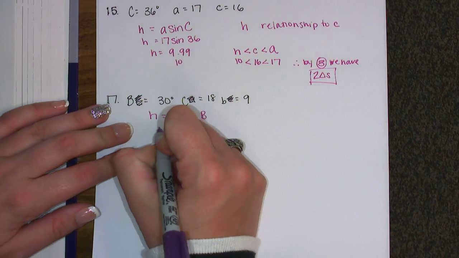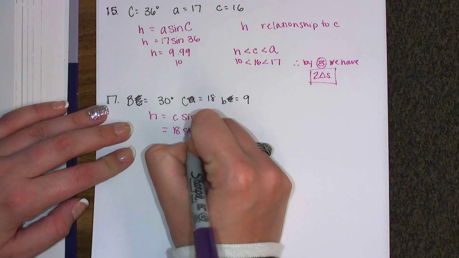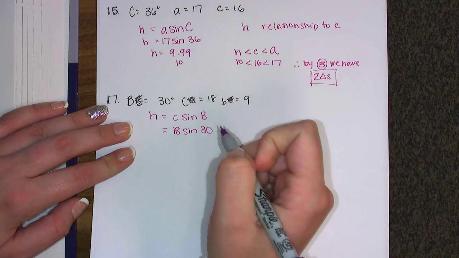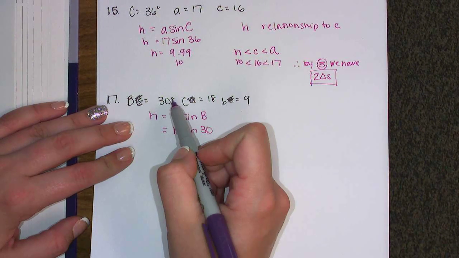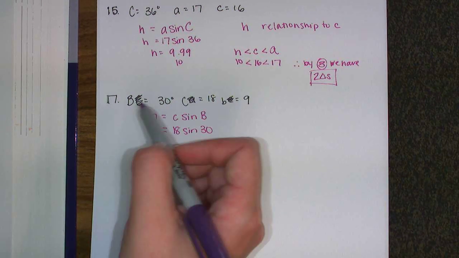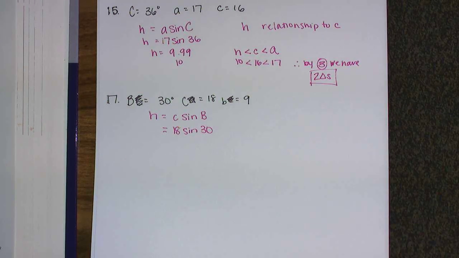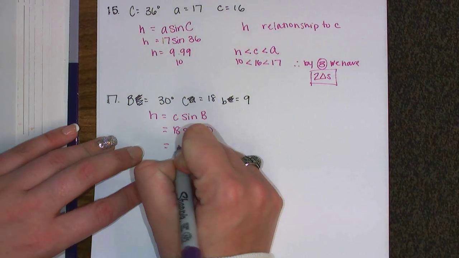But this is going to give me c is 18 and then the sine of 30. And I should have checked but 30 is acute, so it really doesn't matter. But I should always check the angle first because that could be a huge giveaway for me. So type that in, 18 sine of 30 is equal to 9.